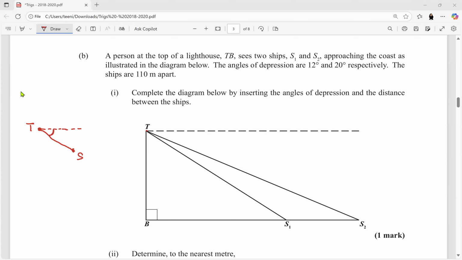So I could draw it. Right. So your horizontal at T is this line. Use a darker color, sorry. Yes, so your horizontal is this line here at T, right? That dotted line that they had. And then your line of sight, the line connecting T to S1 would be this line over here.